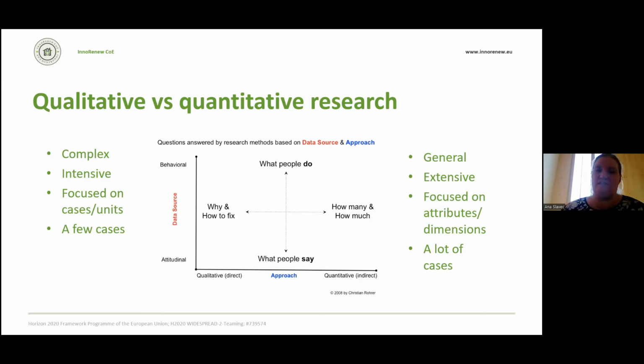So not intensive like in qualitative research, but extensive. And when we are focused on attributes and dimensions, and not so much on cases and units, especially when we deal with many cases. In qualitative methods, we are limited to a few cases. When we conduct a survey, we are doing this measure on a lot of cases.